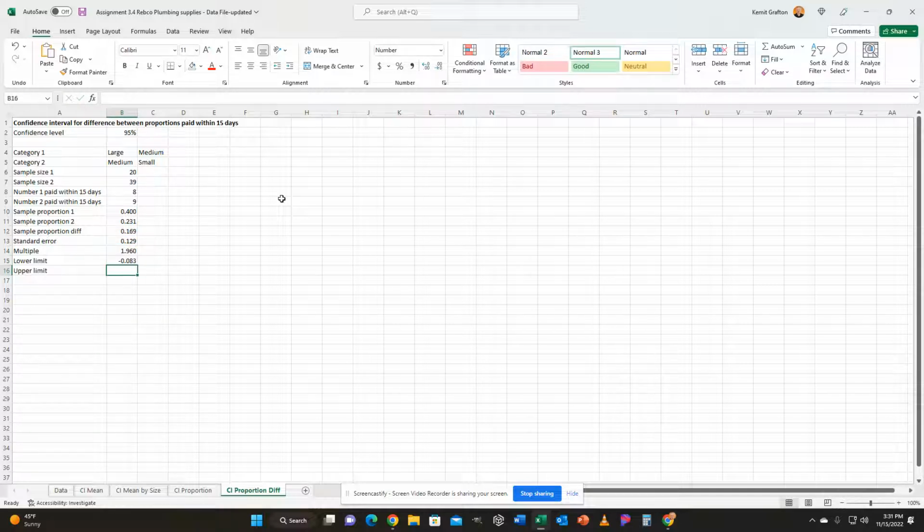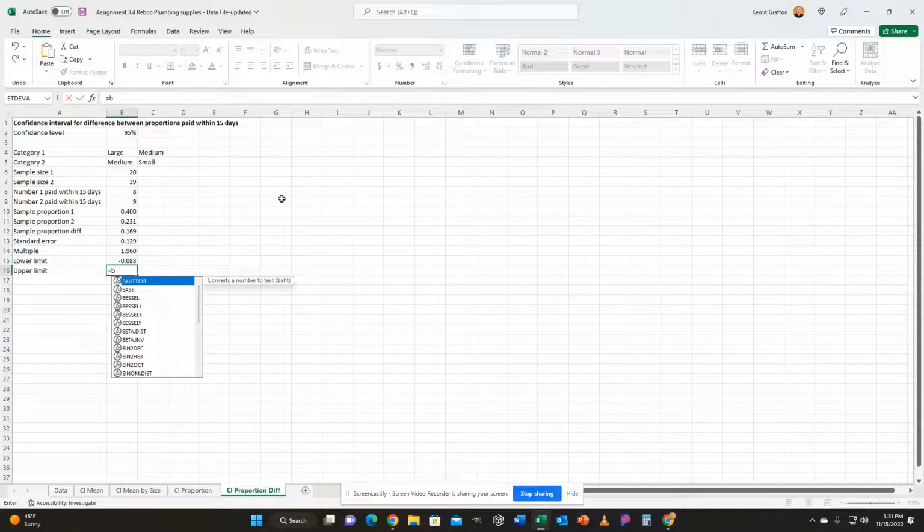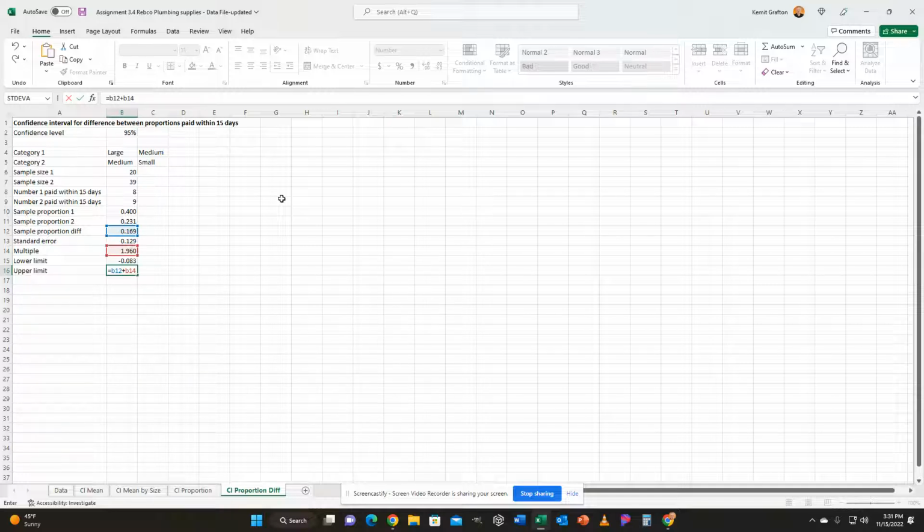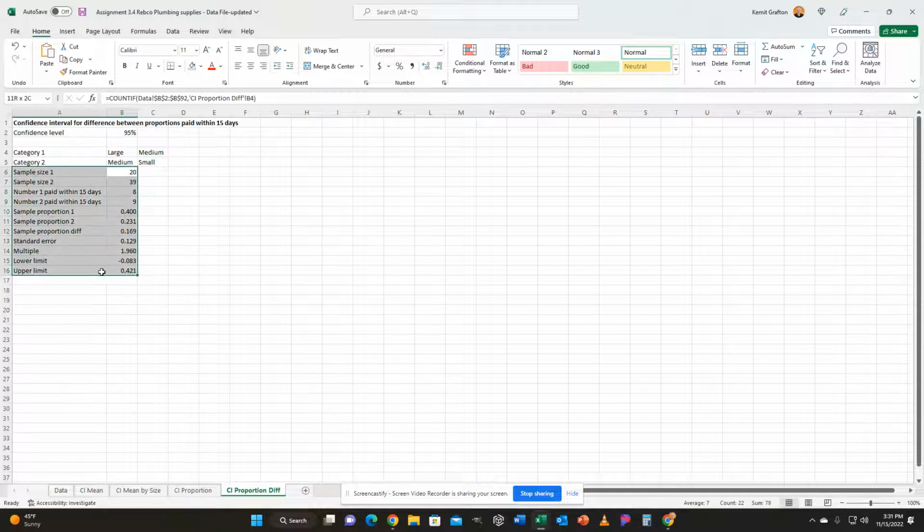And then the upper limit is going to be B12 plus B14 times B13. Okay. That gives us the comparison there between large and medium. So we'll just copy this over now to give us the formulas for medium and small.